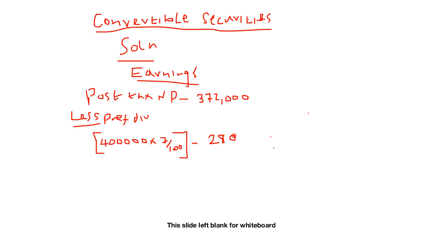So we are subtracting 28,000 from 372,000. If we subtract that, what will we have?